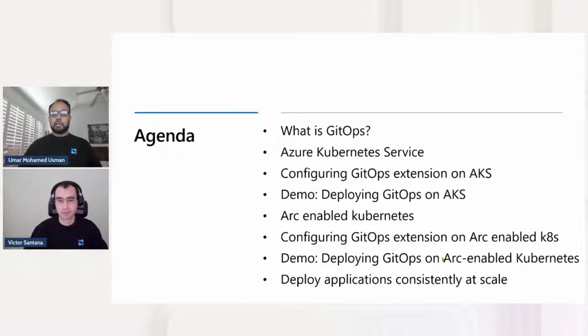It allows you to connect any of your on-prem Kubernetes clusters or clusters running on other cloud providers to Azure. So you can monitor and install different extensions on your Kubernetes cluster running in other environments. And once you connect your cluster to Arc-enabled Kubernetes, we'll talk about how you install the GitOps extension on any of those on-prem or other cloud provider Kubernetes clusters.